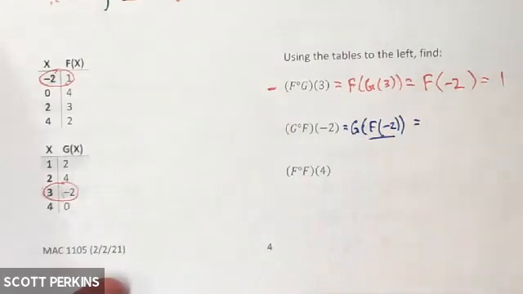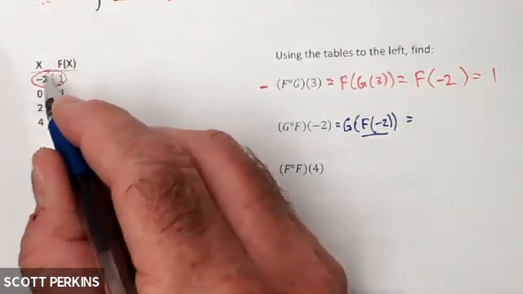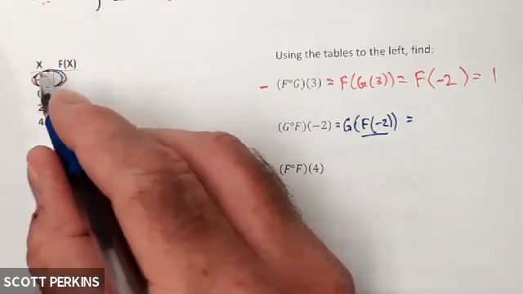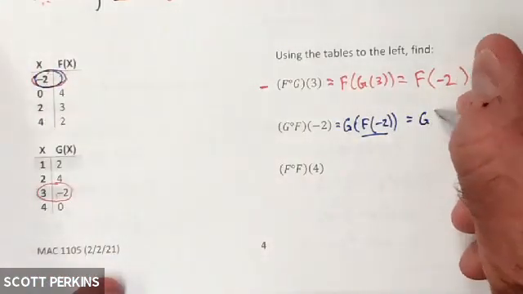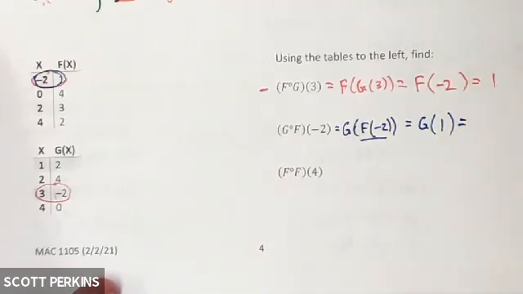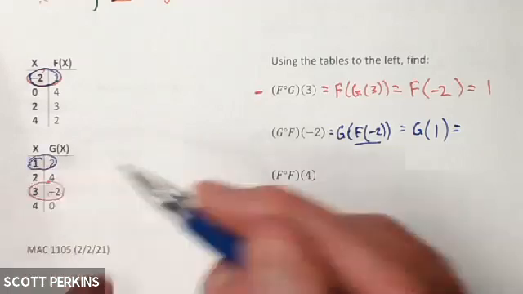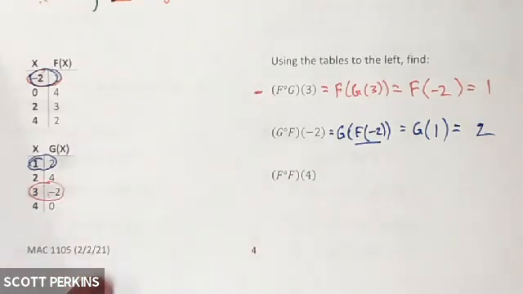First thing is I need f of -2. Well, we just saw that. We've got this one circled over here. F of -2 is right over here, and so we get the output of 1. So this time it's g of 1. I go down to this table, g of 1 is right there, and my output is 2 that time.